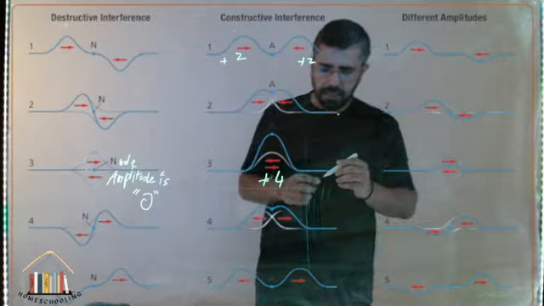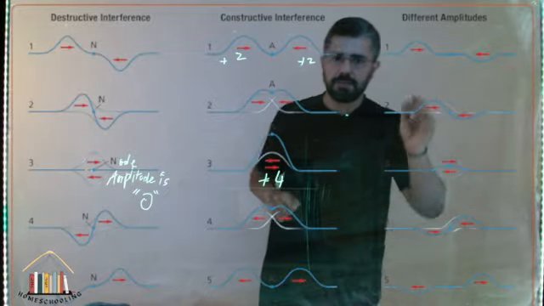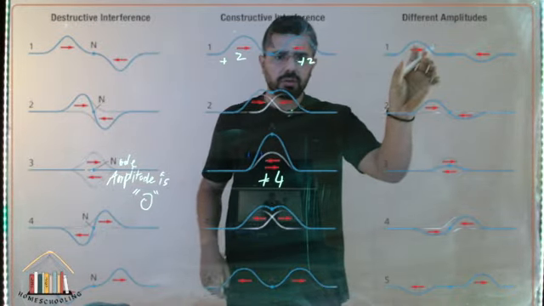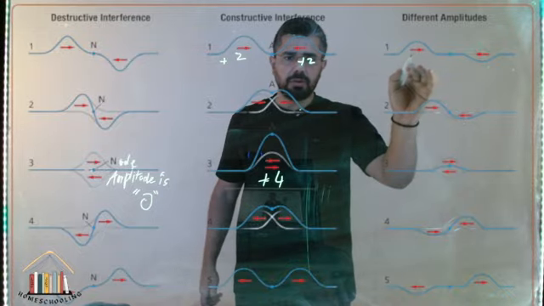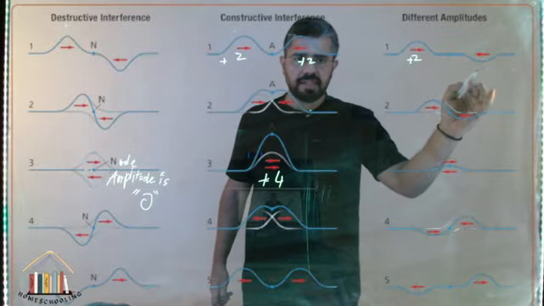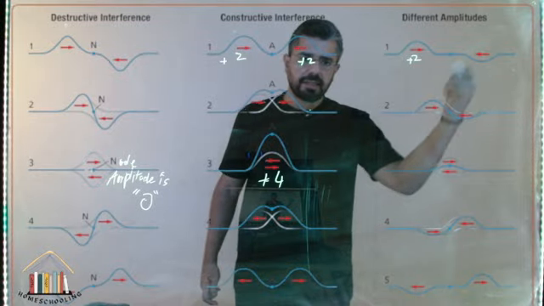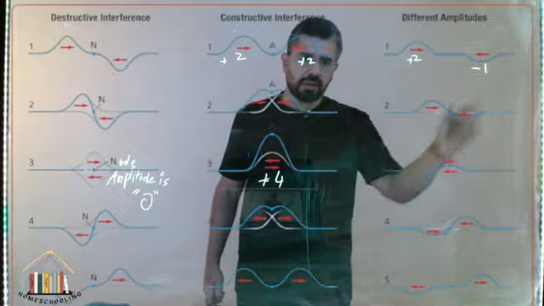What about having different amplitudes? Imagine the amplitude of the first one. Can you notice the amplitude of the first one is bigger than the second? So let's say the amplitude of the first one is +2, and the amplitude of the second one is smaller, but it's downward. So it's like -1.